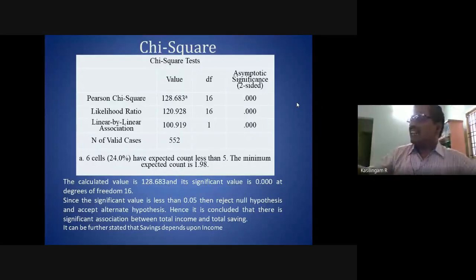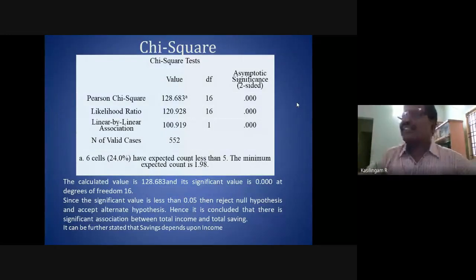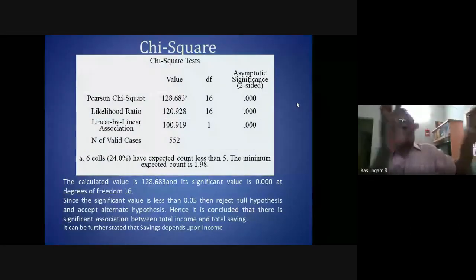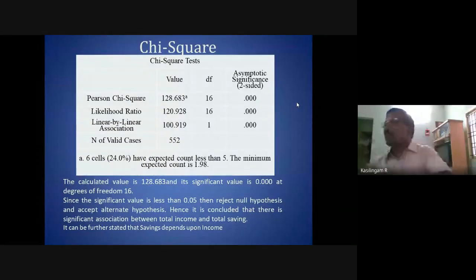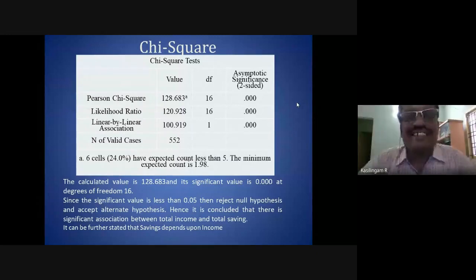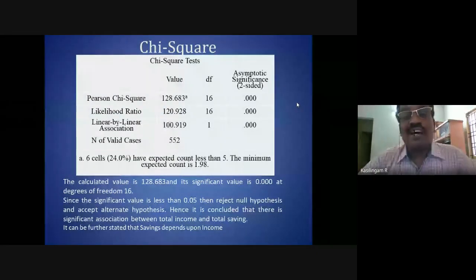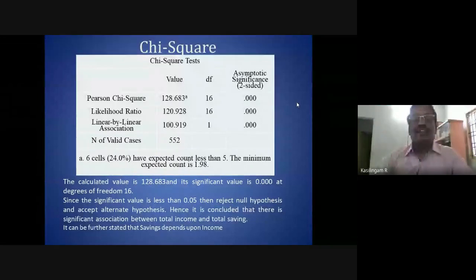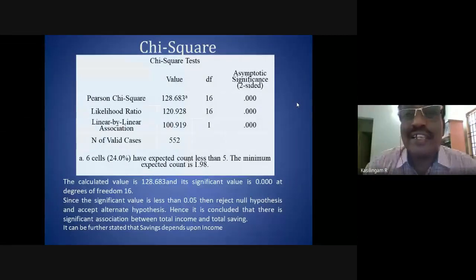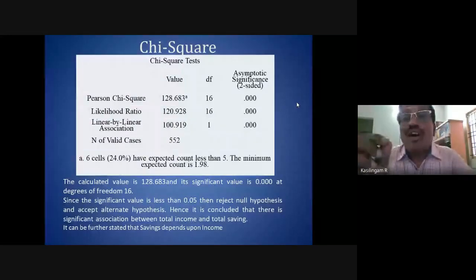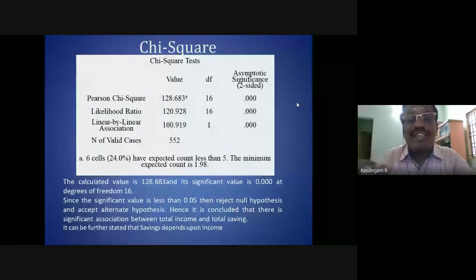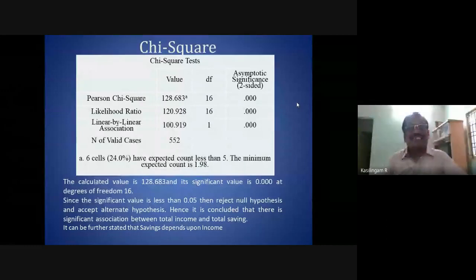Because there, boys and girls are associated, sir. Income and savings are associated, like that he is telling, boys and girls are associated. Then I will ask Madan sir, you are telling they are associated, then which boy is associated with which girl, sir? Yes or no?